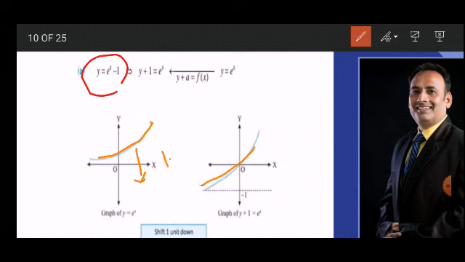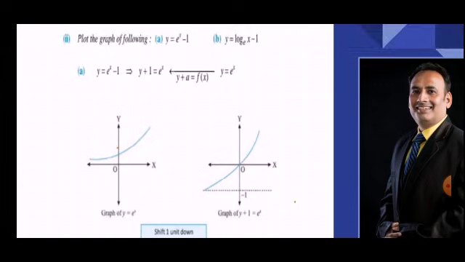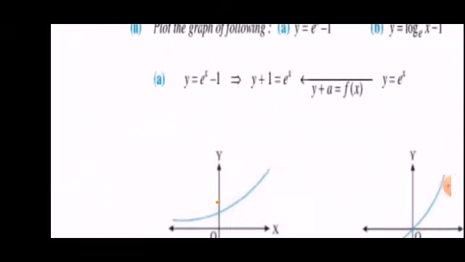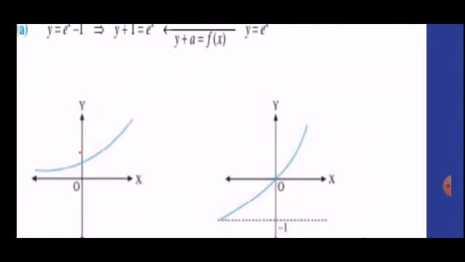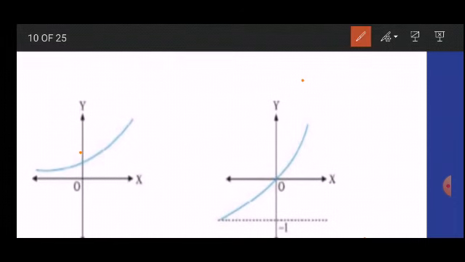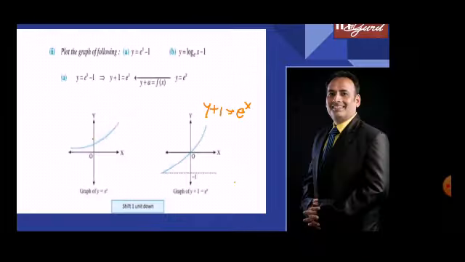Anyway, this is the graph of y equal to e power x minus 1, or you can say y plus 1 is equal to e power x. Fine. Okay, so this is the graph.